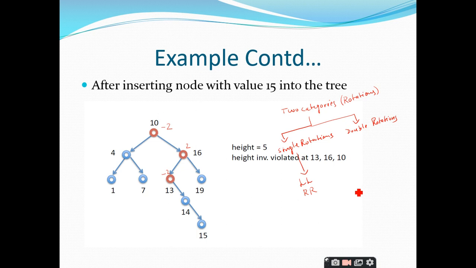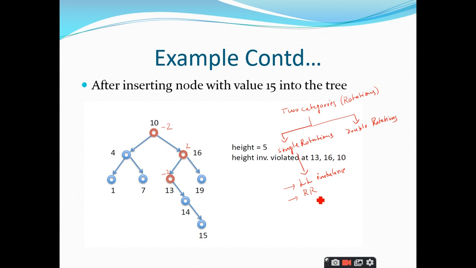LL rotation, RR rotation. Actually these are not rotations. We should not call them rotations. These are called imbalances. So it is called L of L imbalance. We'll see everything in tomorrow's class, don't worry. This is termed as L of L imbalance, where L is nothing but left. So left of left imbalance.